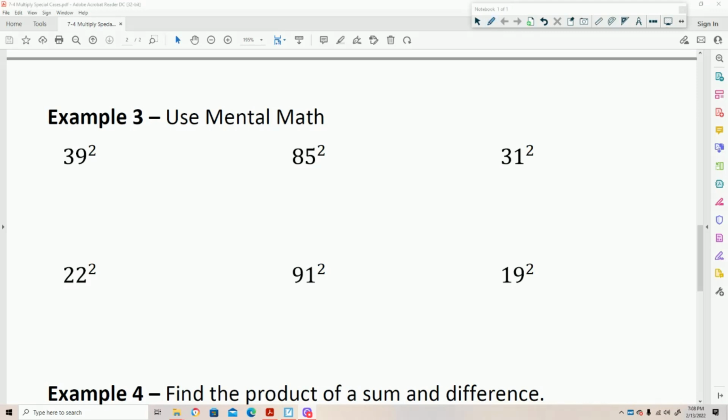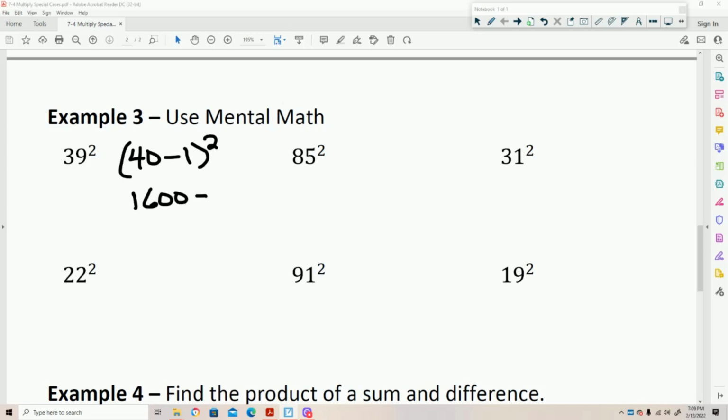Okay, so if I'm looking at 39 squared, I can rewrite that in my head. I'm going to write it on this. We've got 39 squared, which really equals 40 minus 1. Okay, and we're going to square that. So remember, to get this, you square the first, and you get 1600. 4 times 4 is 16, so 1600.